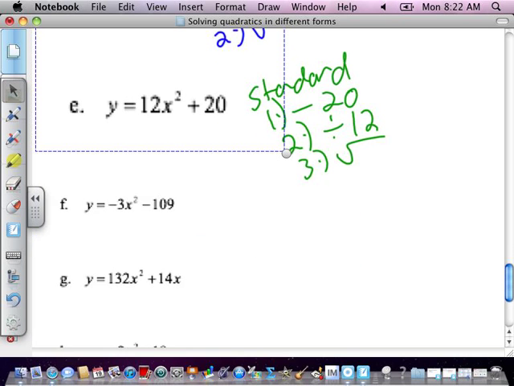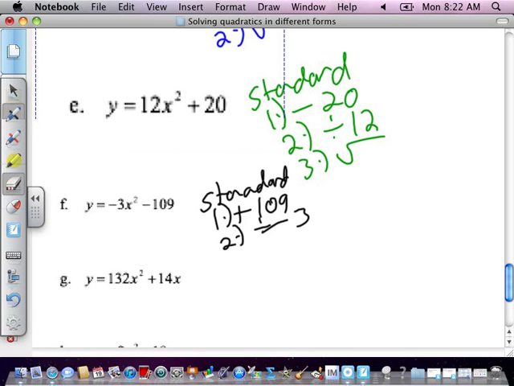Let's look at F. This looks just like E. We know it's standard. We add 109. We divide by -3. And step number 3 is we square root.